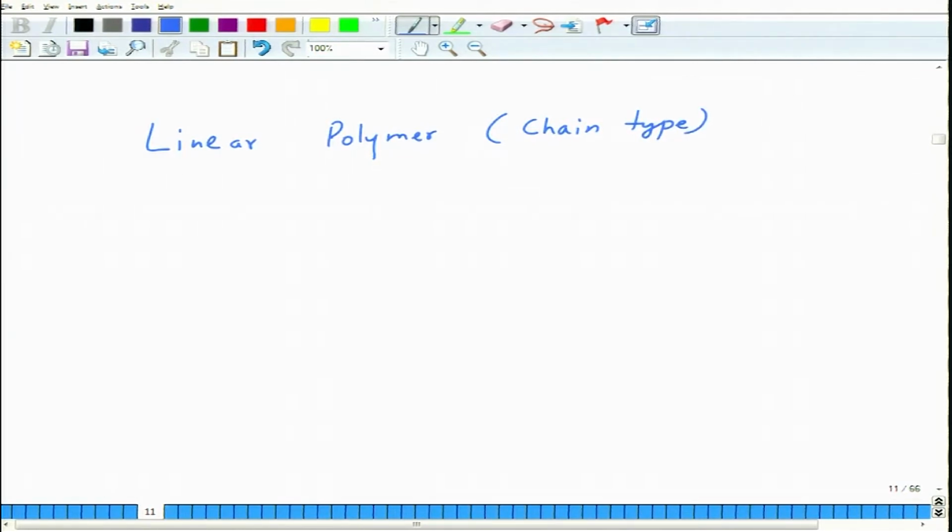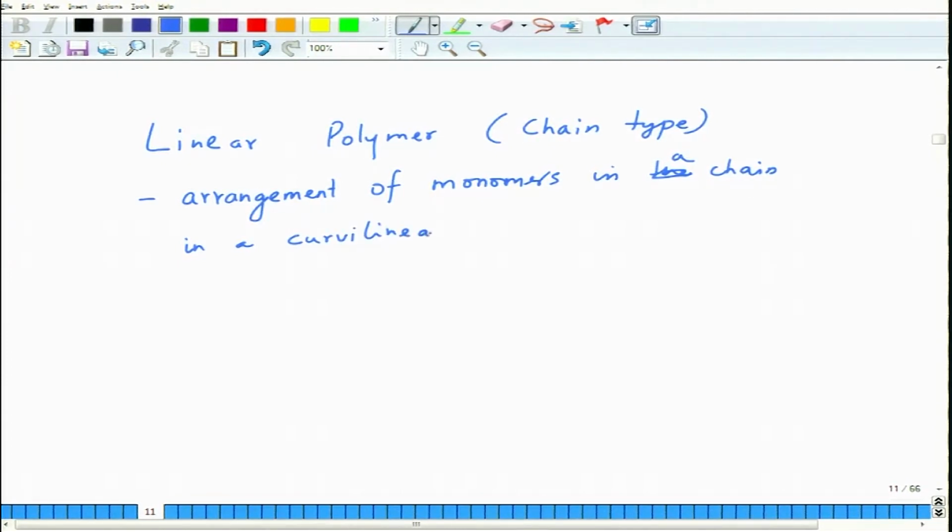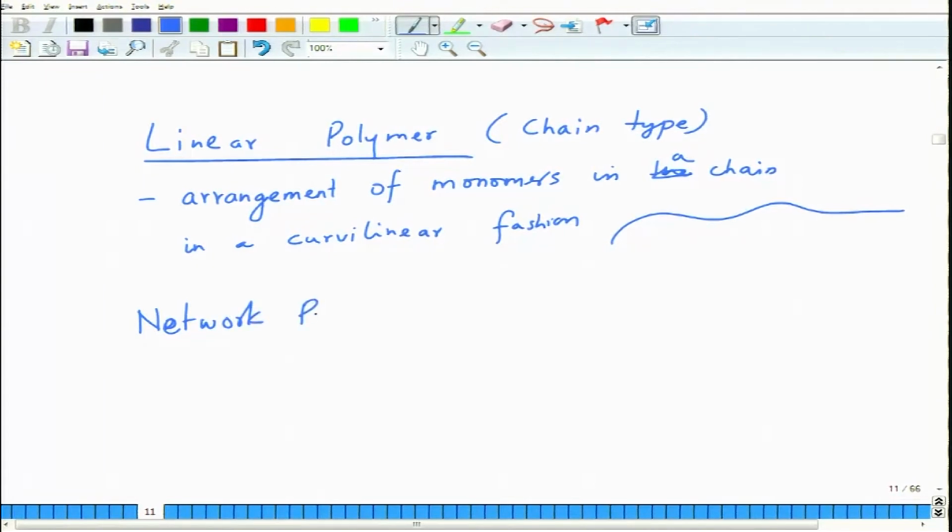It requires an arrangement of monomers, where a monomer means one mer, in a chain in a curvilinear fashion, like this. And then you have what we call network polymers.